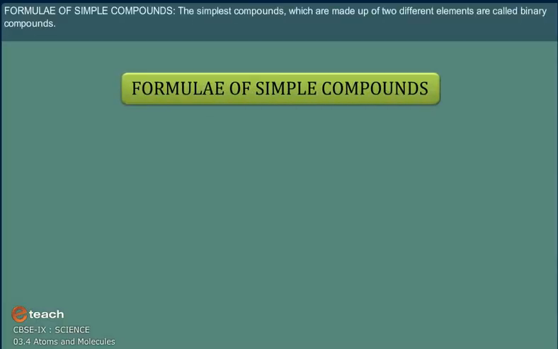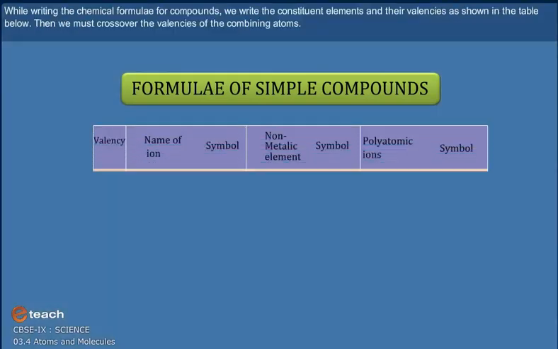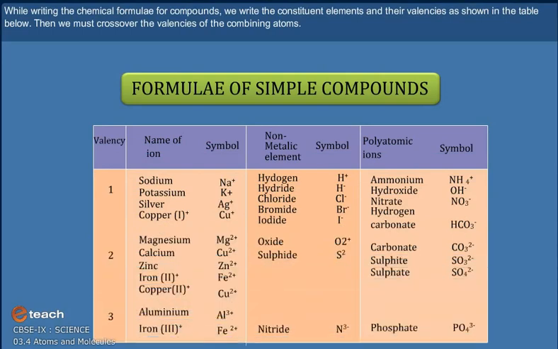Formula of simple compounds. The simplest compounds, which are made up of two different elements, are called binary compounds. While writing the chemical formula for compounds, we write the constituent elements and their valencies as shown in the table below.